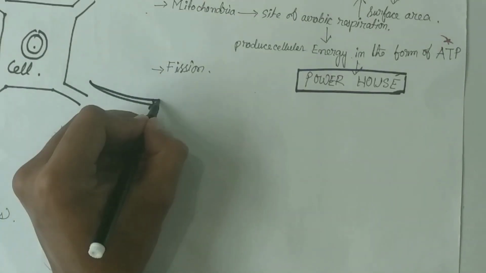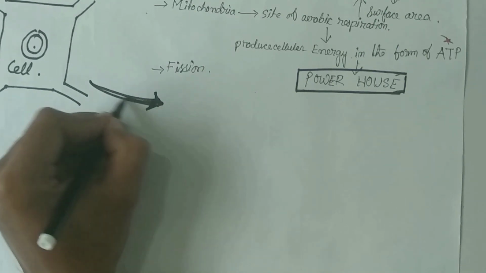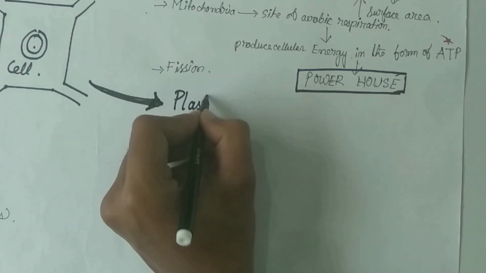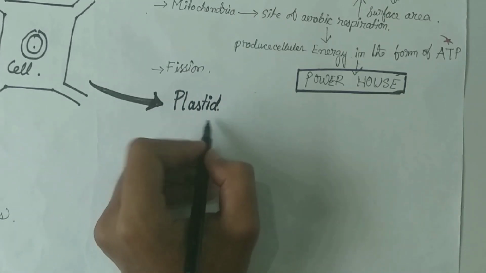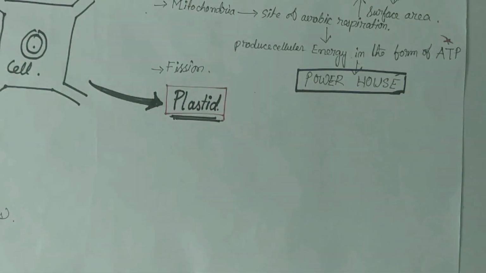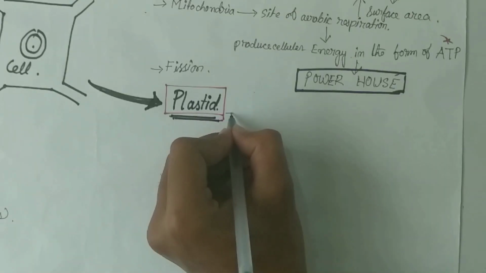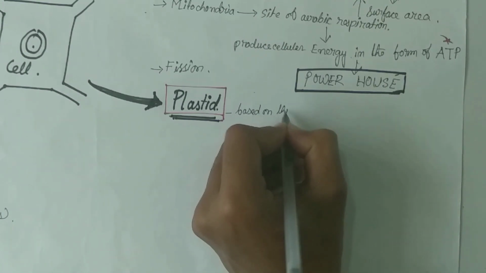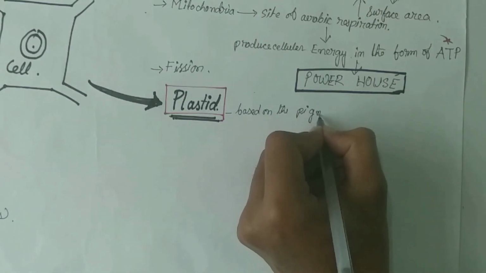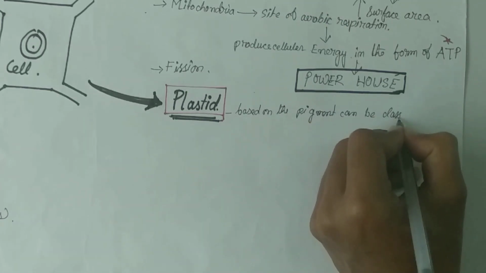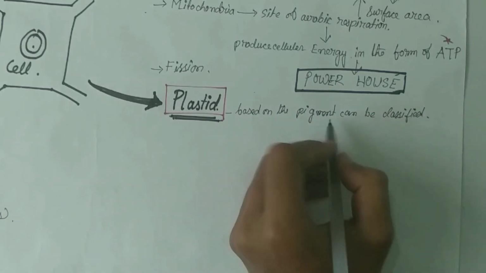After that, we will discuss a significant cell organelle of the plant cell, that is the plastid. Based on the types of pigment, plastids can be classified into chloroplast, chromoplast and leucoplast.